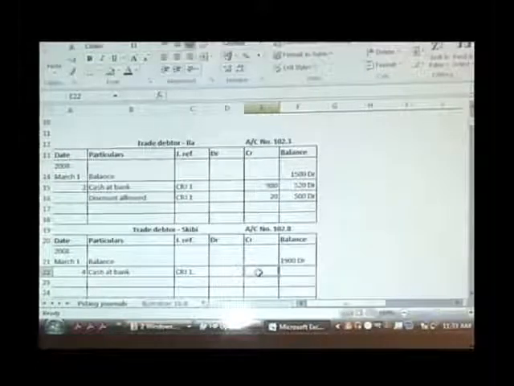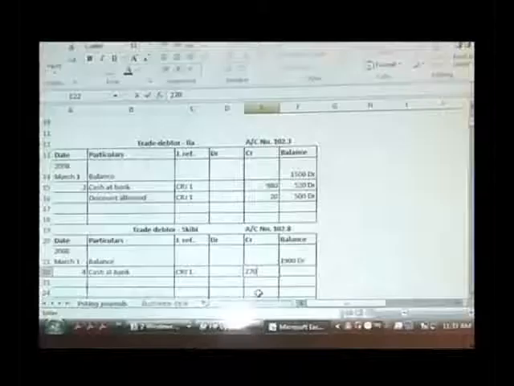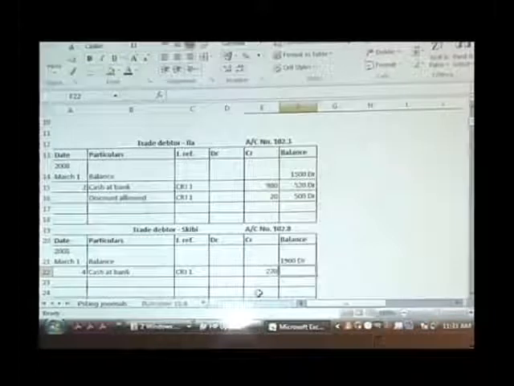The amount received from Skibi in cash is 270, and then find the balance.